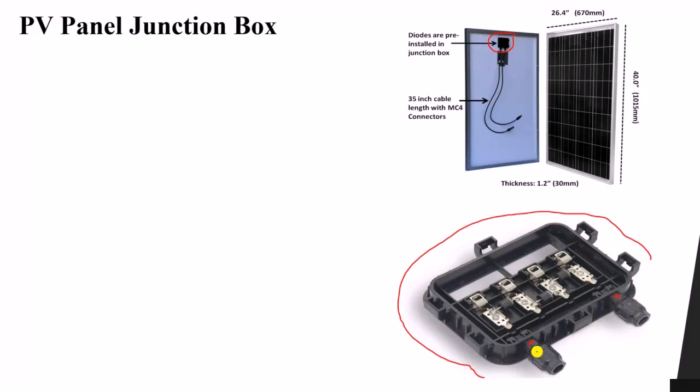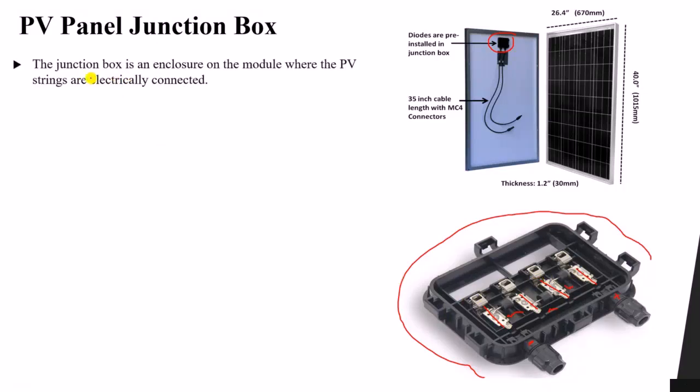Now here you will see the diodes: this diode, this one and this one. All three are diodes, connecting between the 1, 2, 3 and 4 bus bars. We will see the equivalent circuit of this in the next slide.